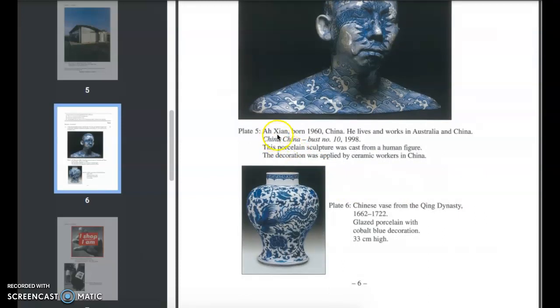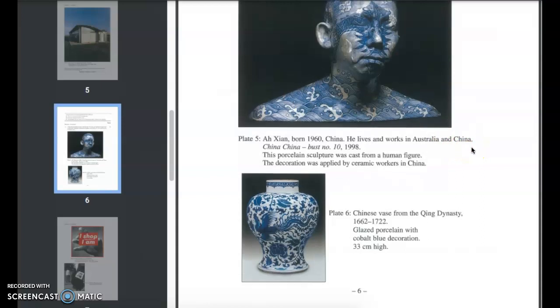So this is the artist, born 1960, so they're probably about 60 years old now. Born in China, but he lives and works in Australia and China. Why is that significant? Because it tells you about his current world, where he is, what he's inspired by, but also his heritage. This plate 5 is called China China, Bust Number 10, and it was made in 1998.